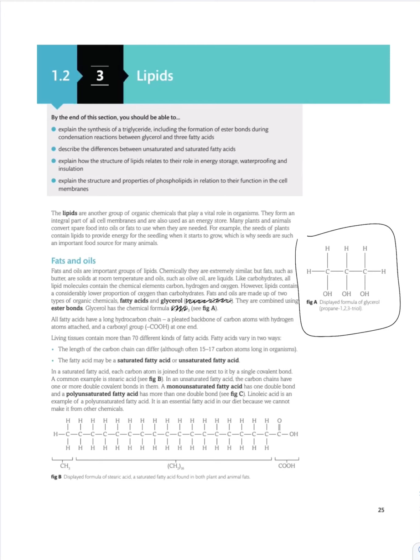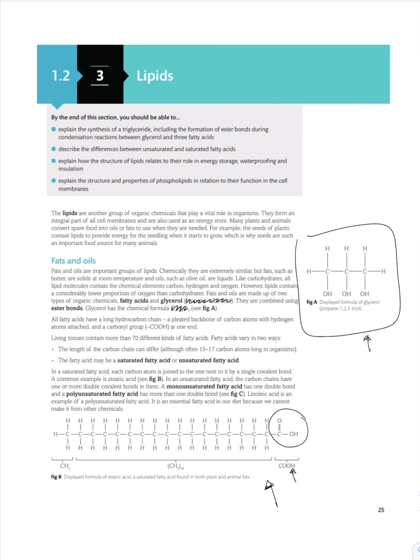All fatty acids have a long hydrocarbon chain, a pleated backbone of carbon atoms with hydrogen atoms attached and a carboxyl group at one end. So this is what they're talking about. This is the glycerol, and this is the fatty acid, and this is the COOH at one end.